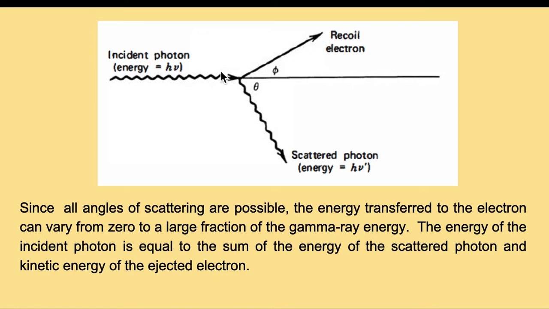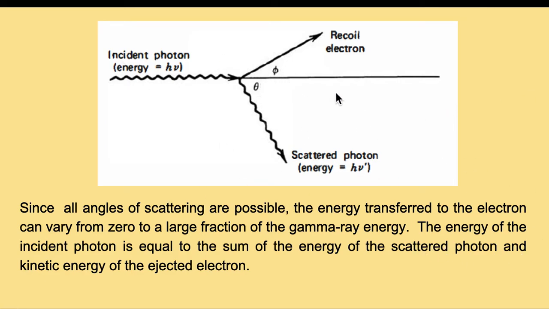The photon is scattered through an angle, and that angle you are marking as theta, and the recoil electron angle you are marking as phi. Since all angles of scattering are possible, this can be either 0 or even 180 or 90. That we will mention, 90 and 0.